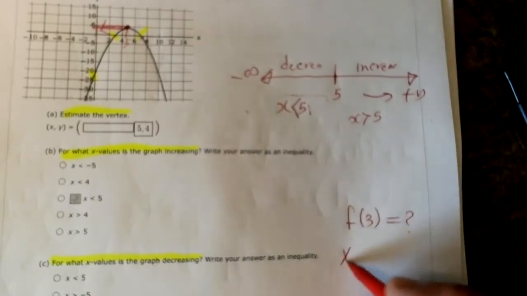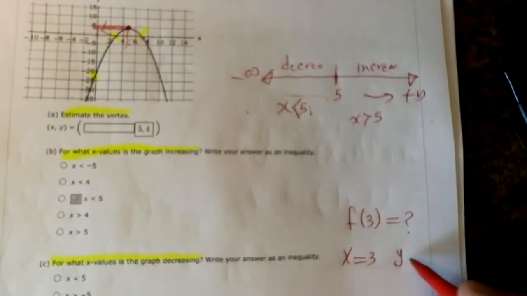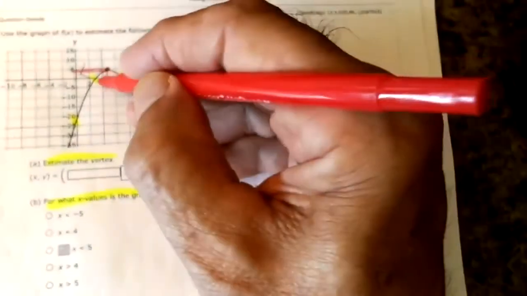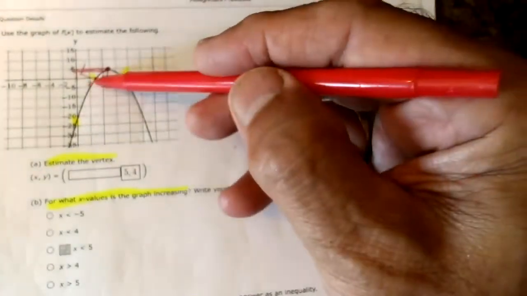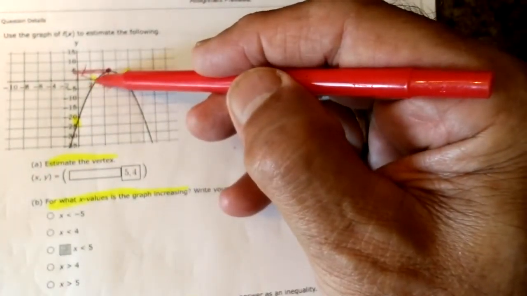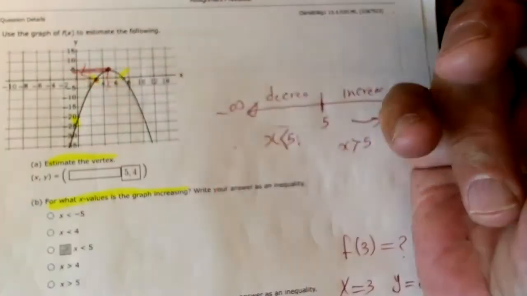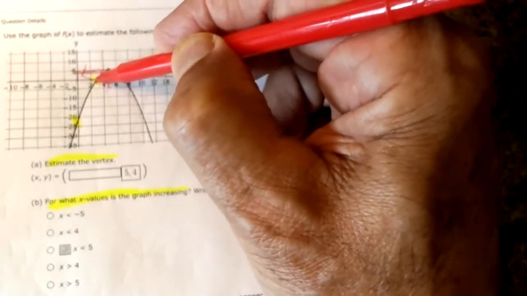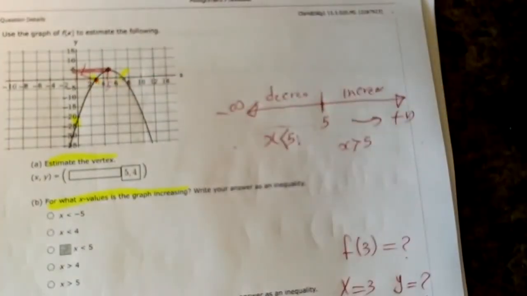That means when x is 3, find the y value. Okay, so where is x equal to 3? It is right here. What is the y value here? 0. See, this point is on the parabola. X is 3, but there is no y, which is also an x-intercept.